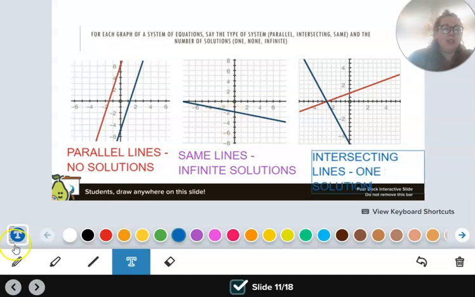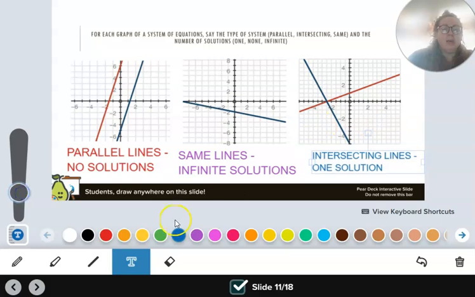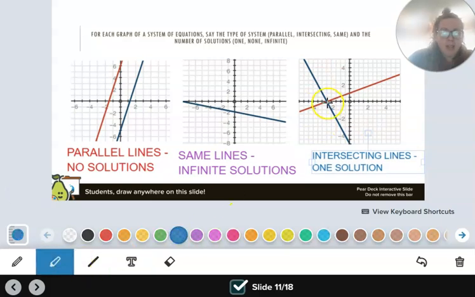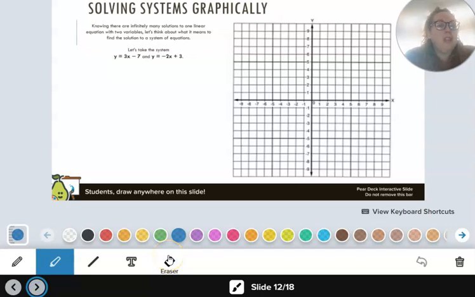And we see that one solution in the graph right here at that point where those two lines intersect. Beautiful. So that's what we're doing when we're finding a system of equations. We're trying to find where they intersect, or if they do.